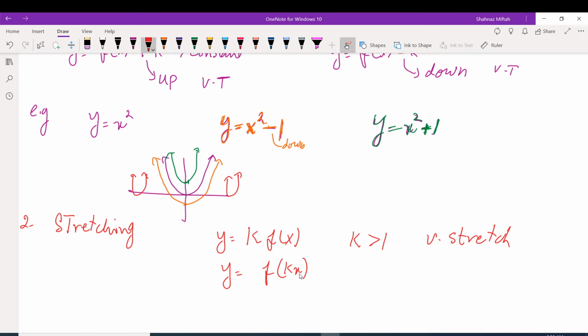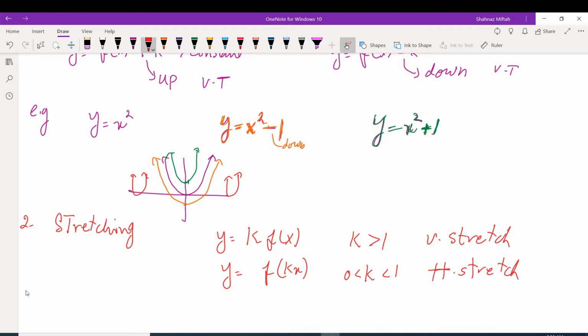This k is with the x, not as a coefficient of the function in the beginning. Any value with the x is going to be your horizontal. But if the k is less than 1 or greater than 0, then that's a horizontal stretch.